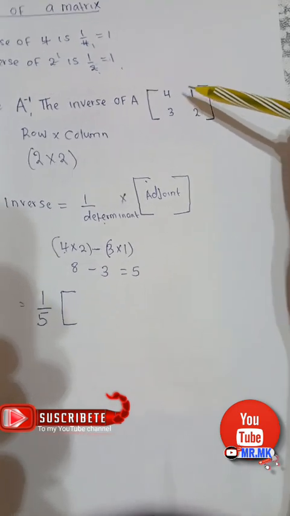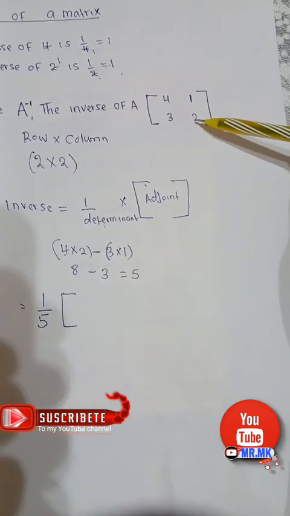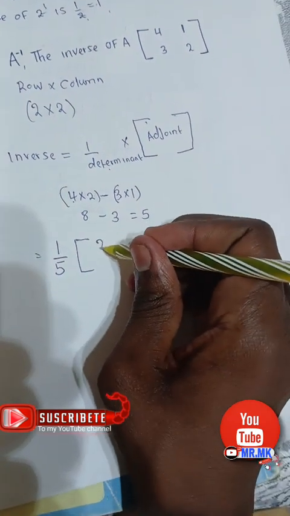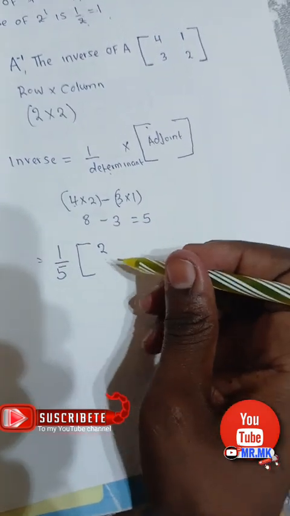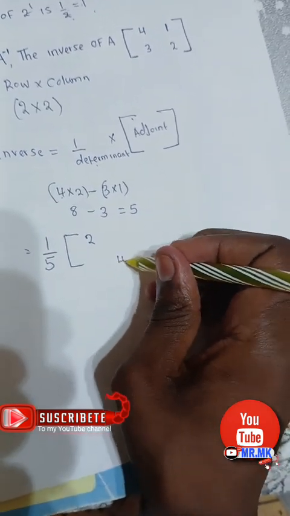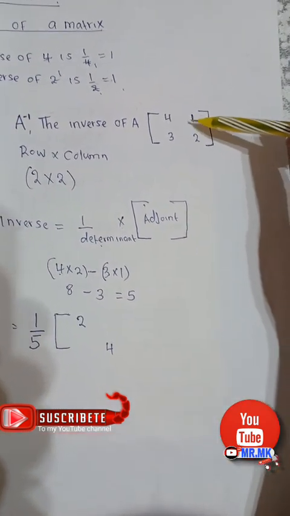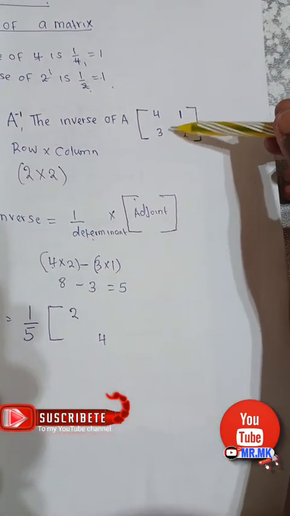How do you switch the leading diagonal? Here we have 4, 2. Just write 2 and 4 here. For the trailing diagonal, just change the sign.